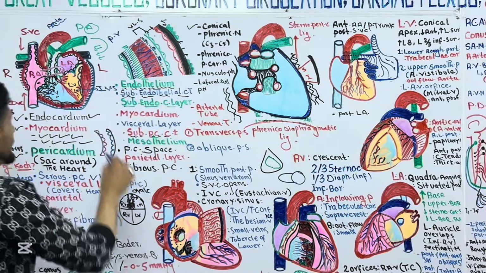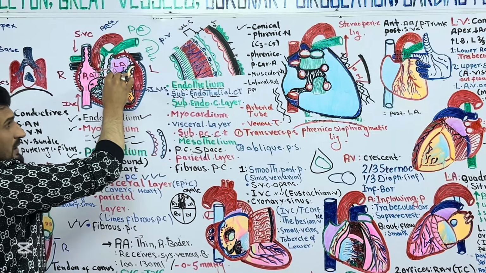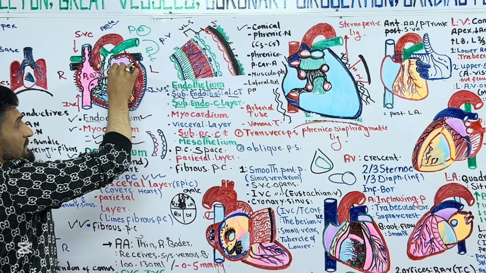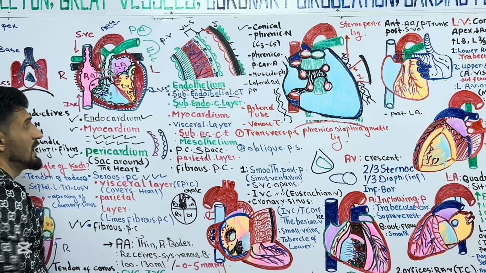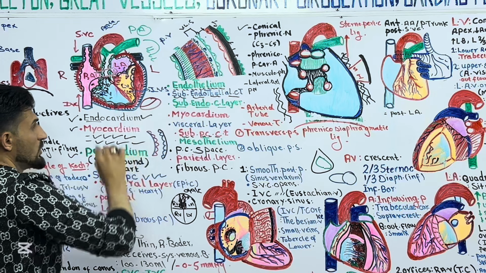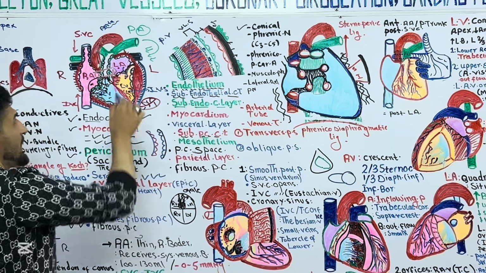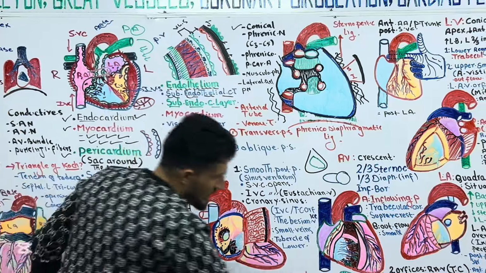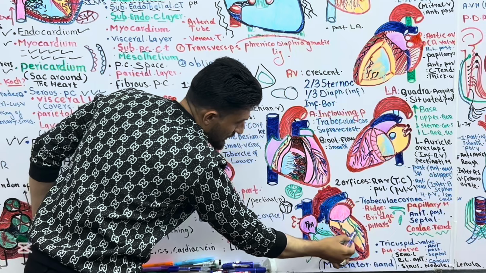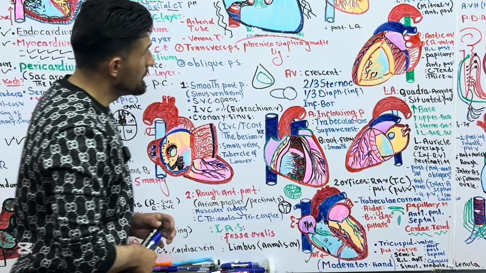Here we have a valve between the aorta and left ventricle, which is called the aortic valve. And we have a valve between the left atrium and left ventricle, which is called the mitral valve. The mitral valve has two cusps, so it's also called the bicuspid valve, and it is connected through the chordae tendineae to the papillary muscles.